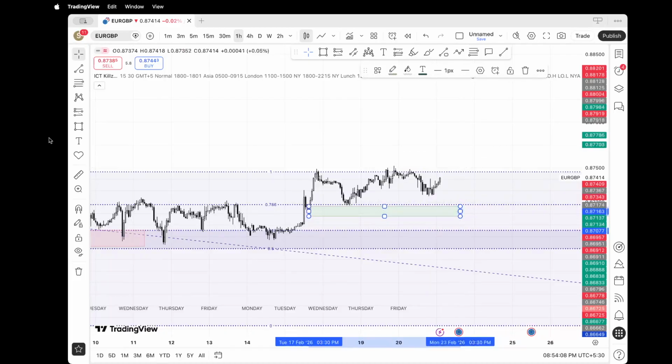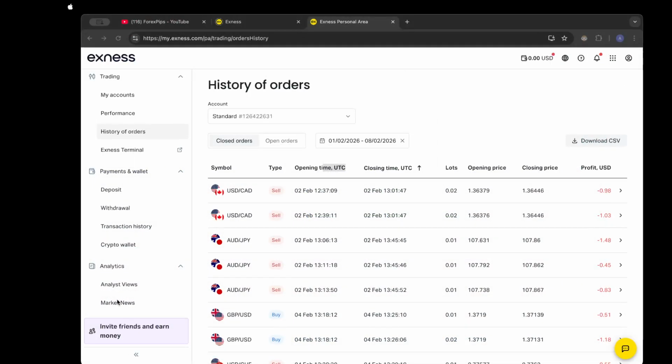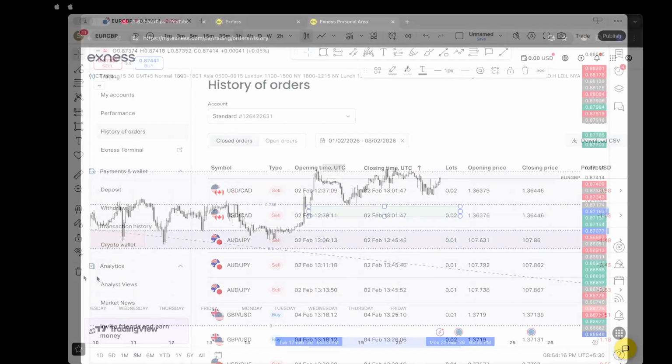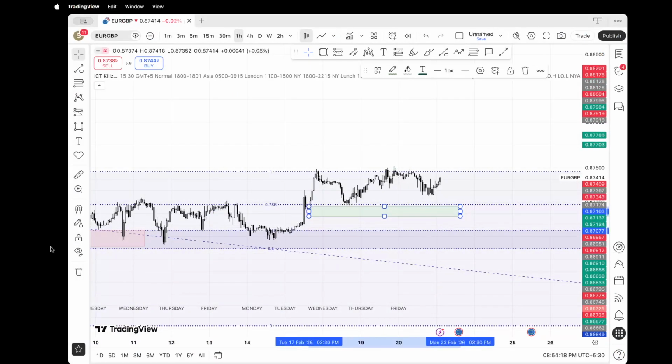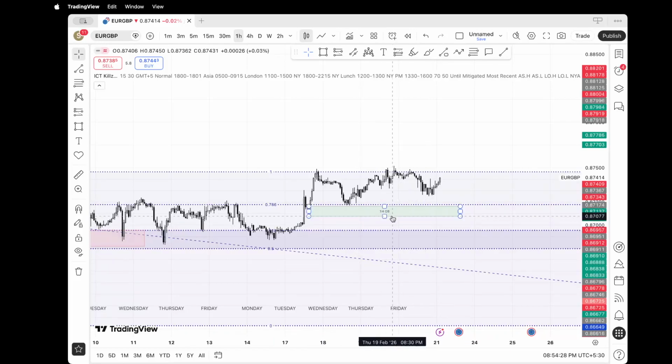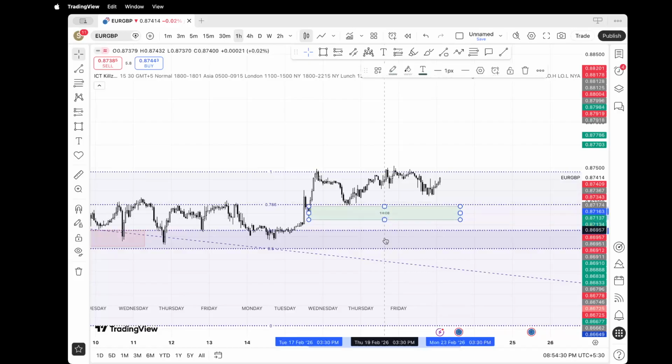I'm not trading as of now, because if I show you quickly, this is 0 USD, I have just blown my account. But if I find some good setups, then why not. So this is a 1 hour OB from here till here, a bit up.